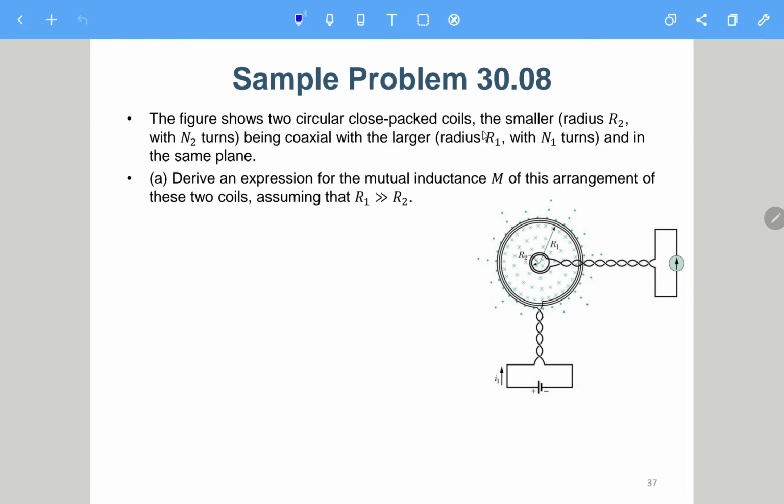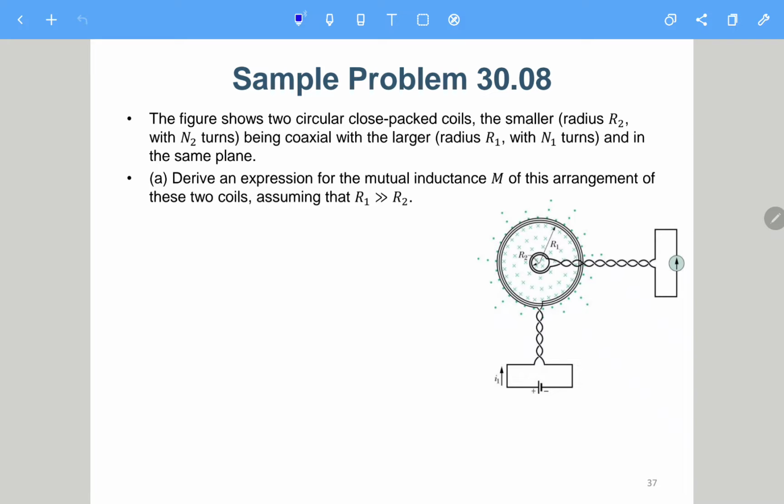They are coaxial, which means they have the same center and the axis points in the same direction, with the smaller coil in the same plane as the larger. Derive an expression for the mutual inductance M of this arrangement of coils, assuming that R1 is much larger than R2.